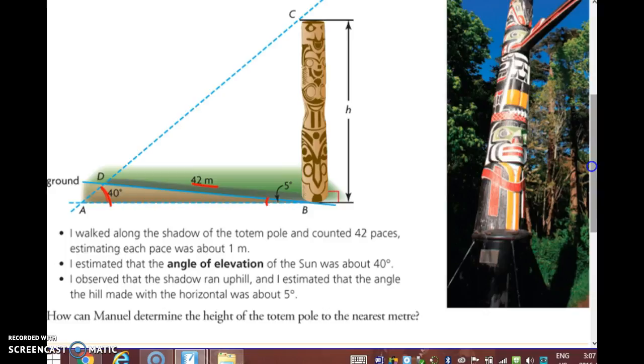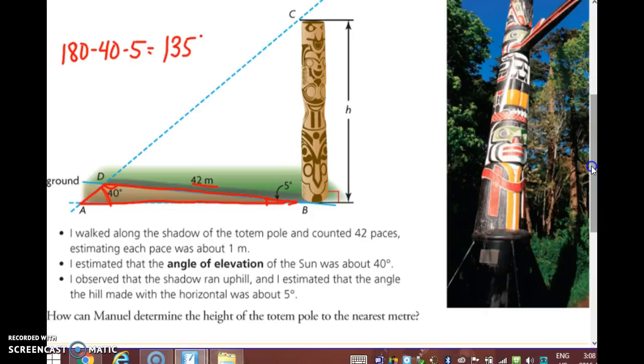So if we look at this triangle here, we know 2 of the angles. This one's 40, this one's 5. We should be able to find this one here. So if we go 180, subtract 40, subtract 5, we will get 135 degrees.